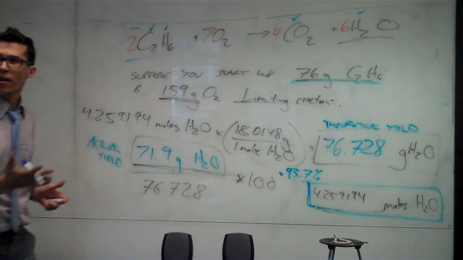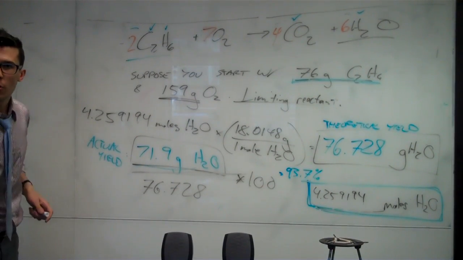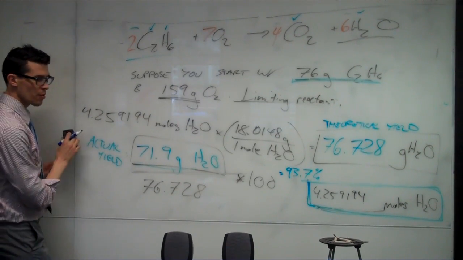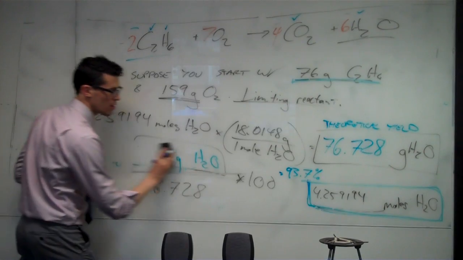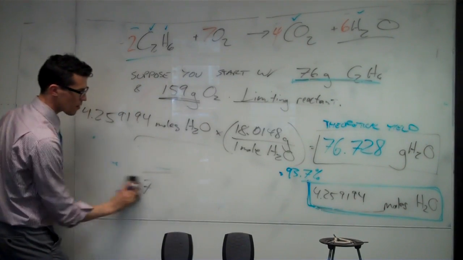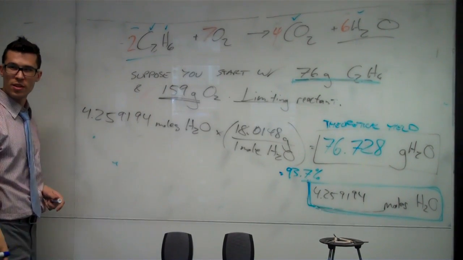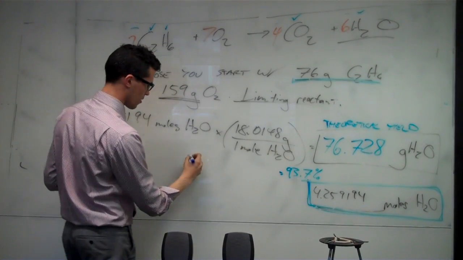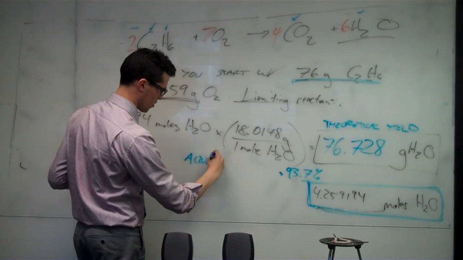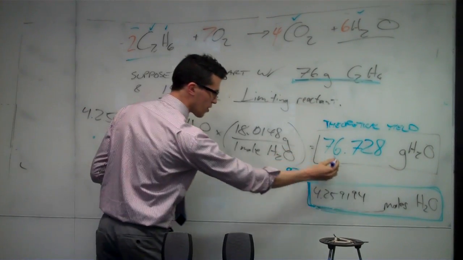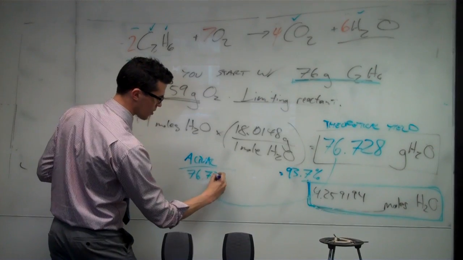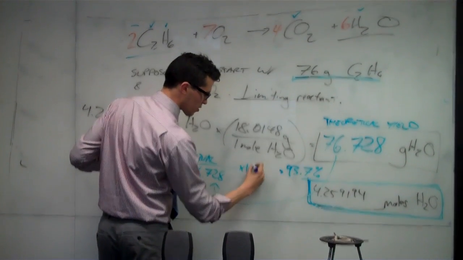You could also figure this out the other way. Let's say that I just tell you your percent yield is this. Can you tell me what the actual is? You divide by 100 and then multiply by the theoretical. So it's actual over 76.728 times 100.